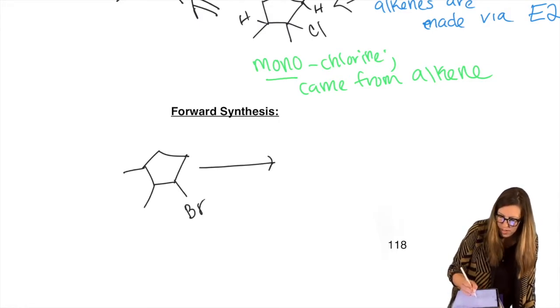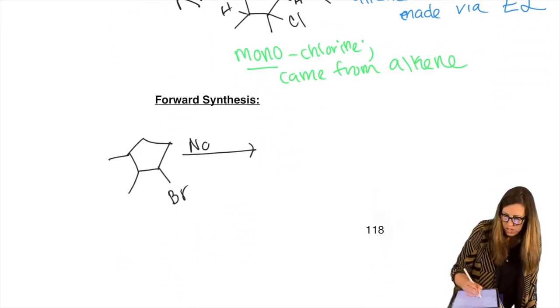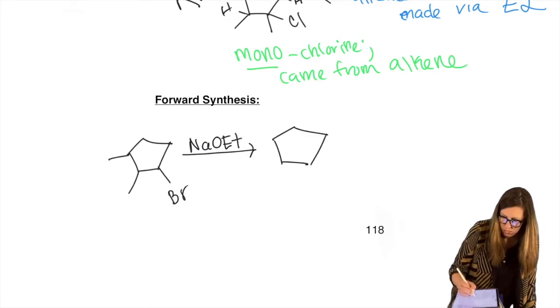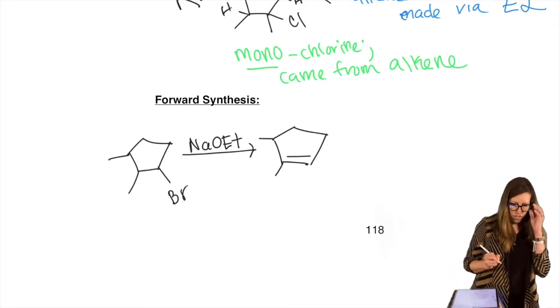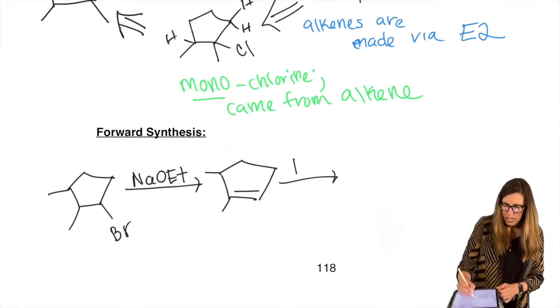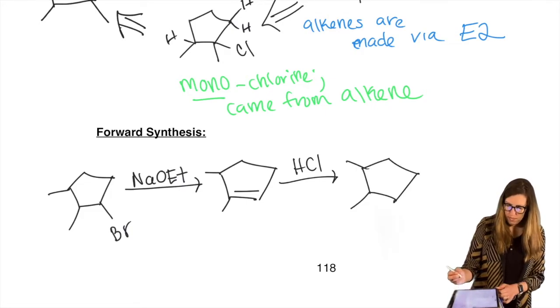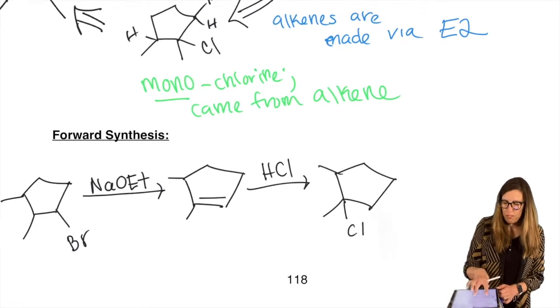And then we add the reagents necessary for each of our intermediates. So to make that alkene, I'm going to do an elimination. Let's do NaOEt, like we've done many times. Okay, so now we're at our first alkene. Now we need to get to our monochlorinated product, HCl. And then remember that is Markovnikov, so it goes over there.